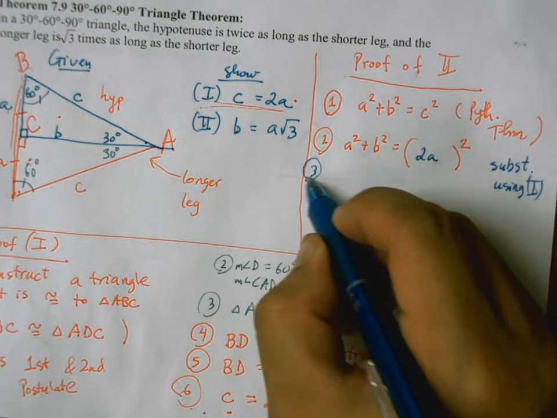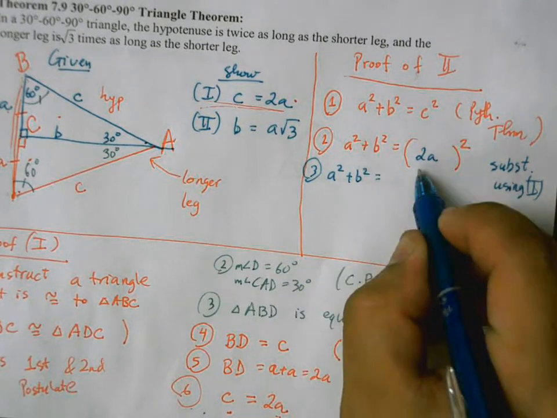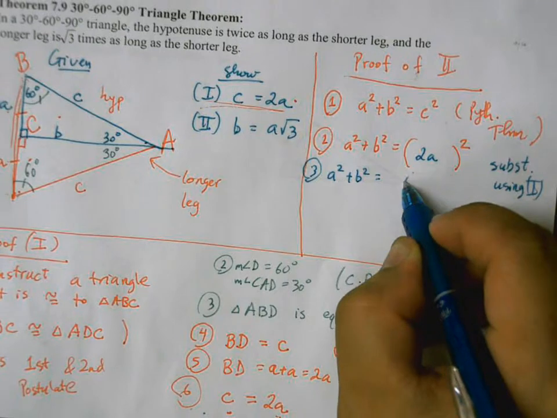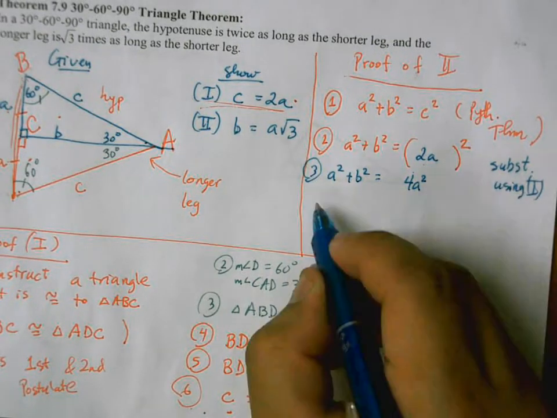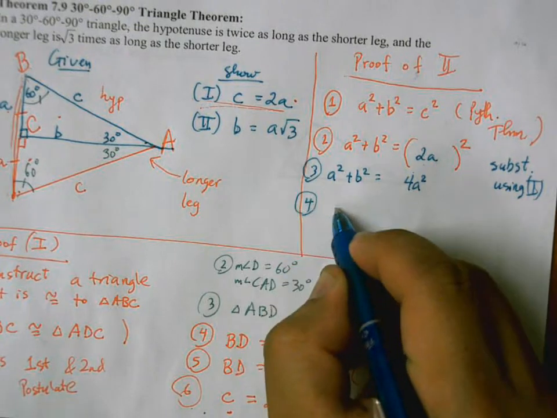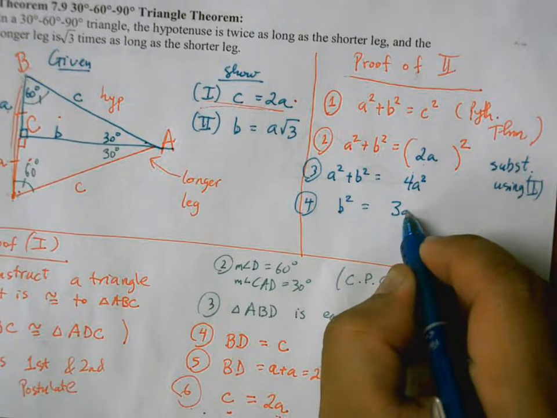From here on out, it's just algebra. A squared plus B squared is equal to, on the right hand side, 4A squared, because it's 2A times 2A. Subtract A squared from both sides and we get 3A squared.